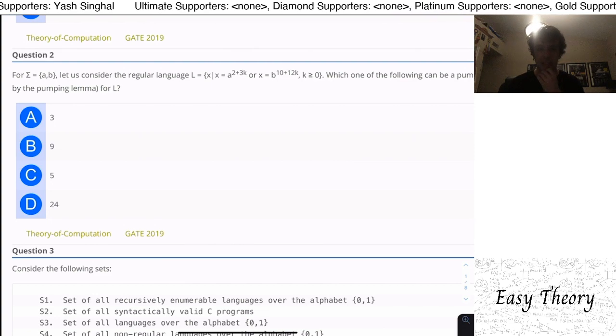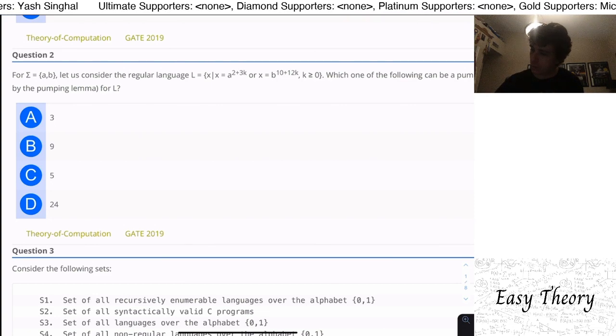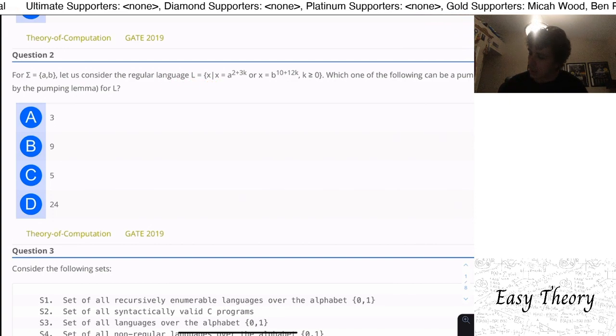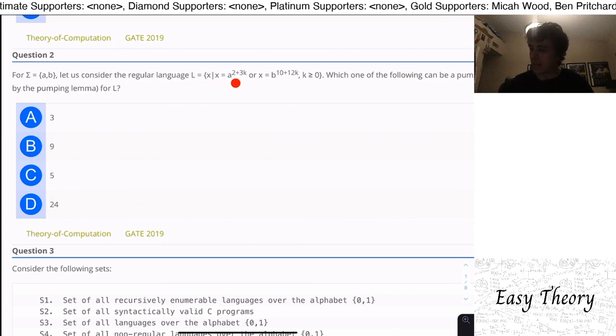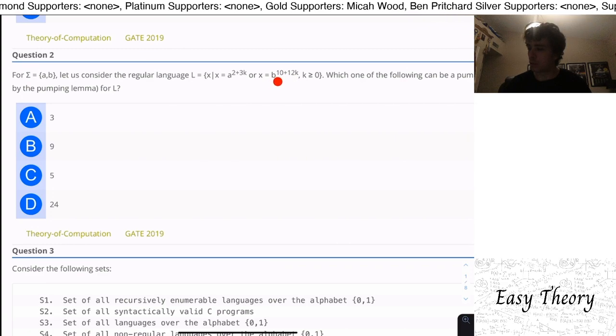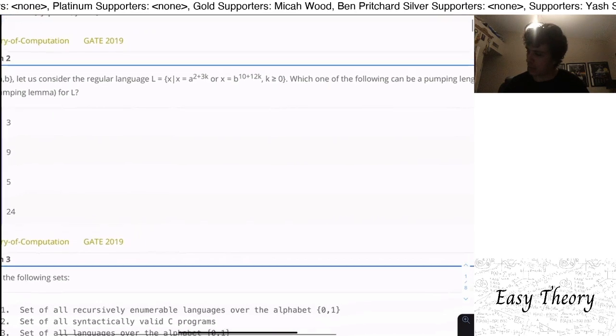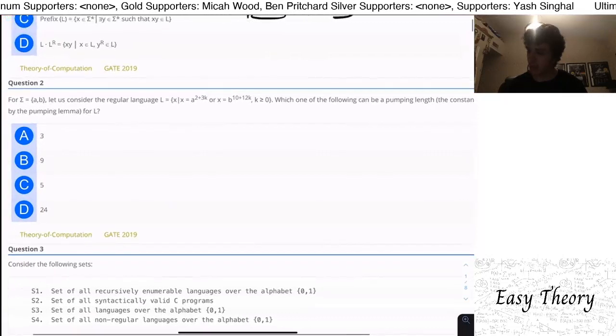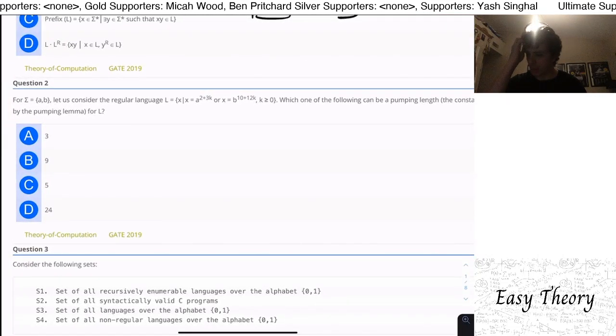So let's see. We have a regular language here, with strings of the form a to the multiple of 3 plus 2, or b's being a multiple of 12 plus 10. Which of the following can be a pumping length, the constant guaranteed by the pumping lemma for L?